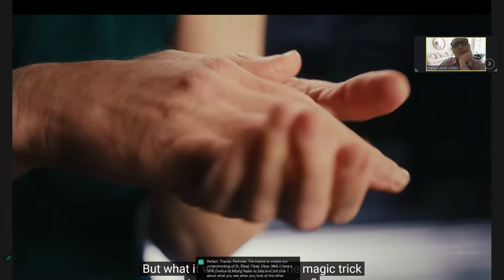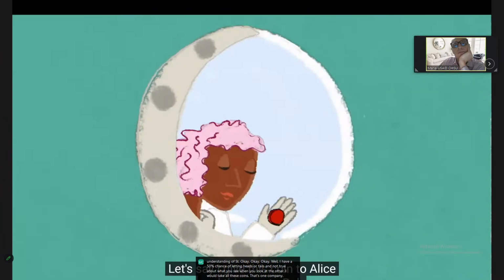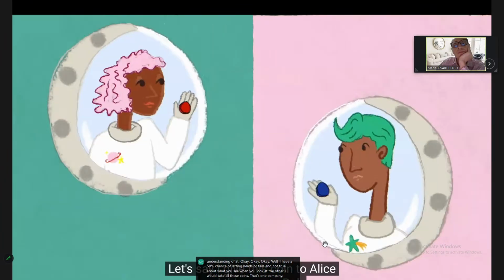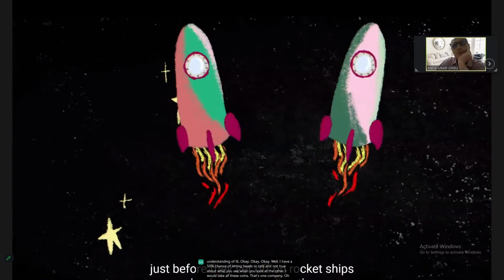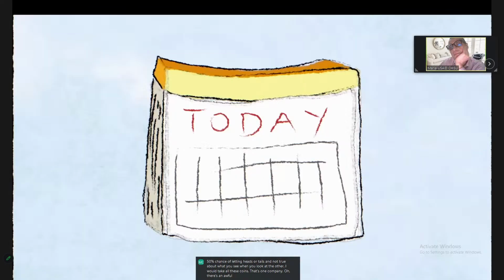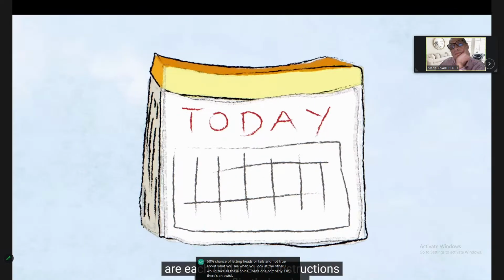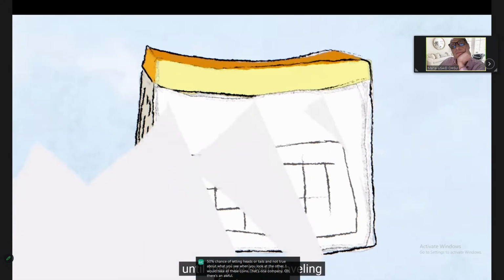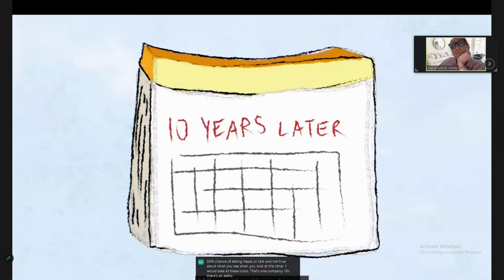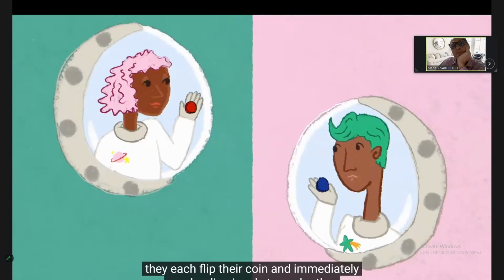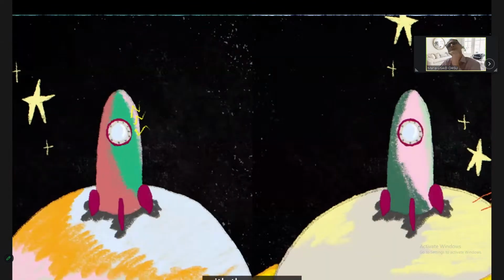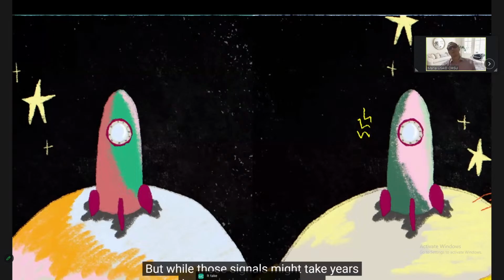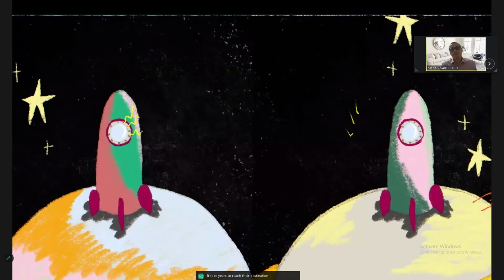To entangle these coins, one placed off on rocket ships. Take years to reach their destination.